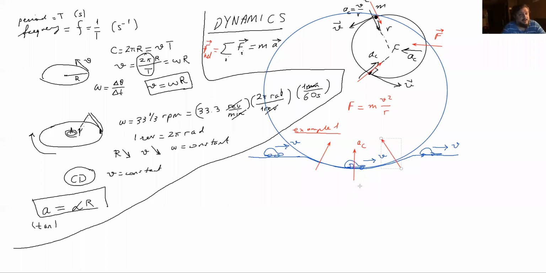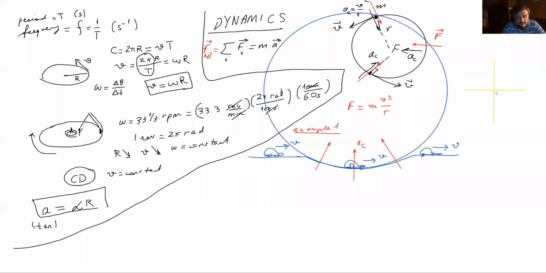So what I need now is a free body diagram. Let me draw it here. This is the vertical direction, call it Y. Horizontal direction, call it X. Okay, and now I'm going to show my forces on this free body diagram.